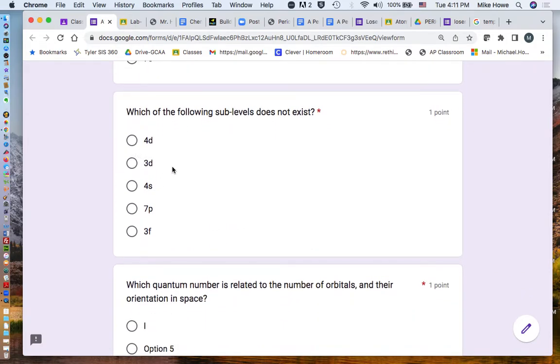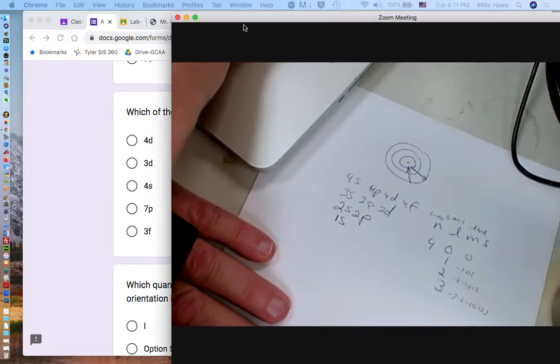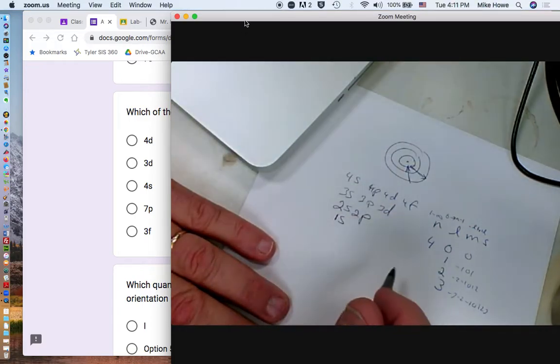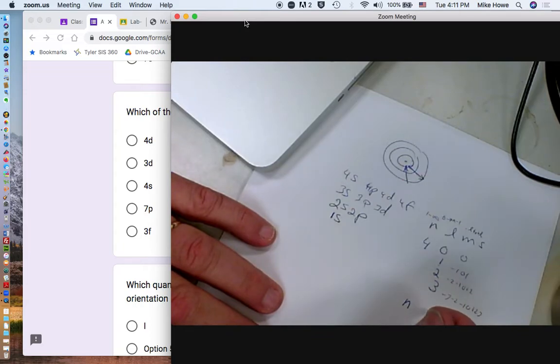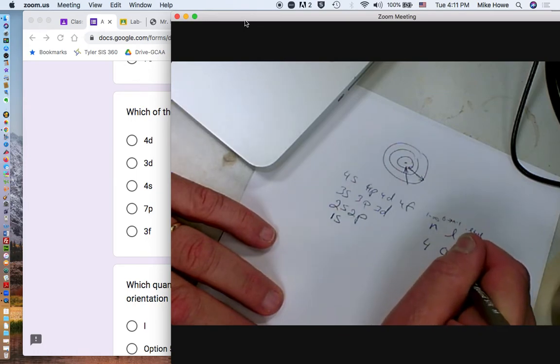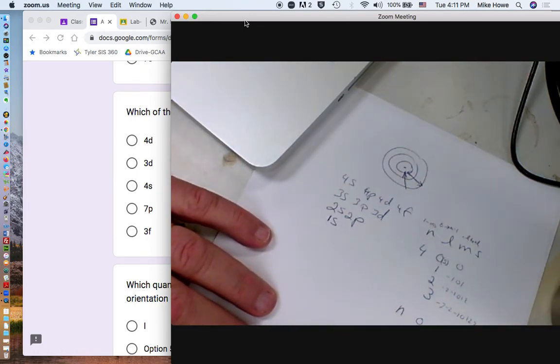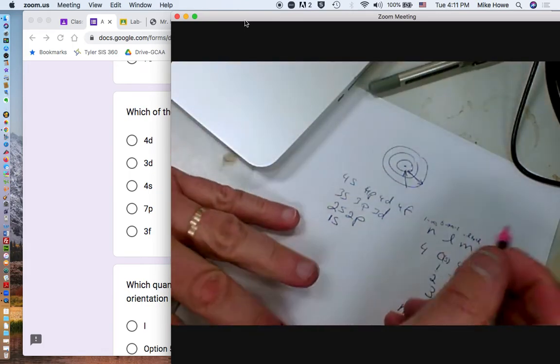Well, remember that if n equals, let's take a look at my picture for this one. Which one cannot exist? The answer is 3f, and here's why. If n equals 3, using the same chart, then L could be 0, 1, or 2. When L equals 0, we call that an S sublevel.